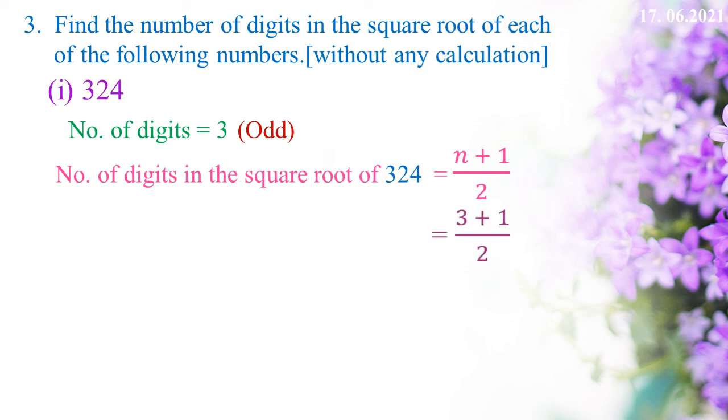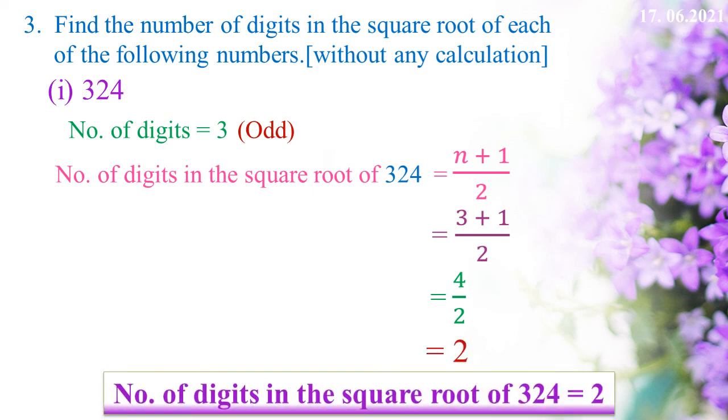N is 3. So, 3 plus 1 by 2 equals 4 by 2. Here, 2 is the common factor. So, we can divide both 4 and 2 by 2. So, 2. Therefore, the number of digits in the square root of 324 is 2.